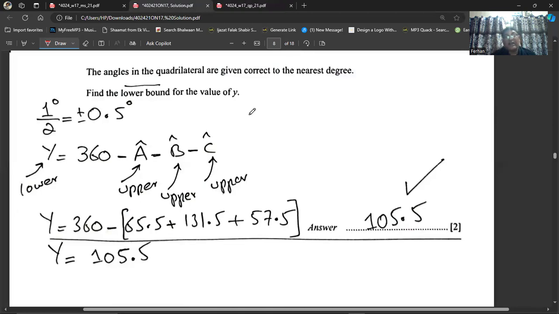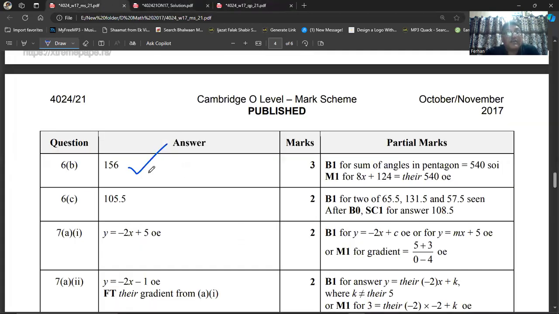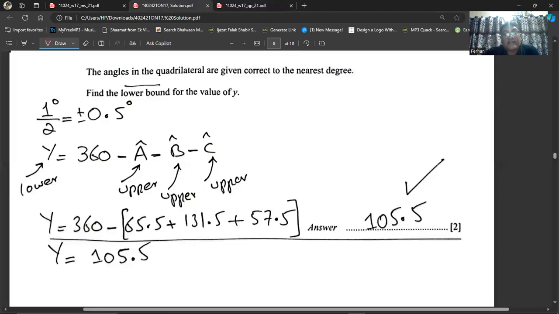So a, b and c we will take their upper bound. So y is equal to 360 minus (65.5 plus 131.5 plus 57.5). So y will be equal to 105.5. 105.5 is the right answer, sir.